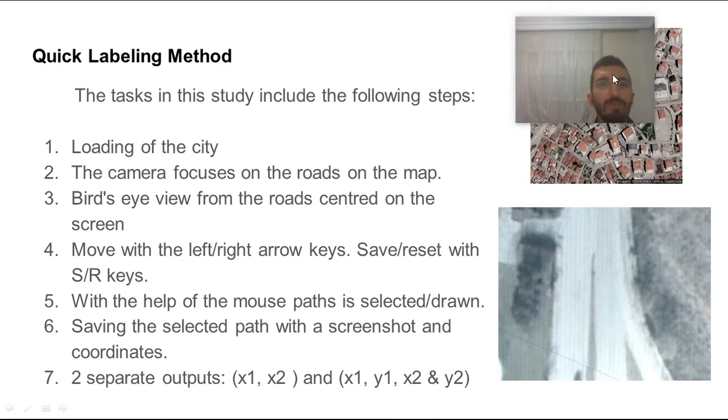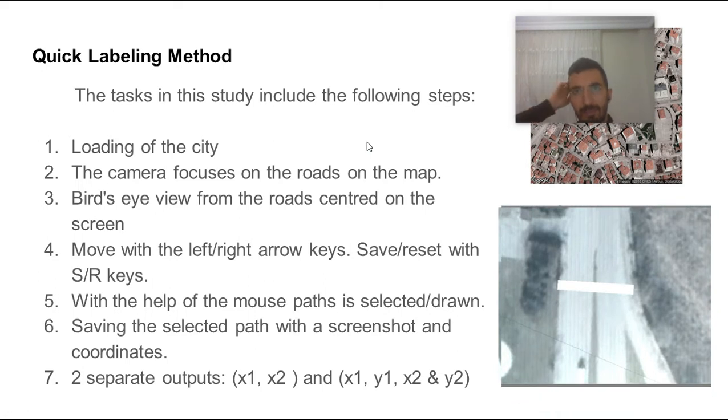Bird's eye view from the road centered on the screen. Move with the left-right arrow keys on the computer keyboard. S key is used for saving and R key is used for reset. With the help of the mouse, points are selected. A line is drawn between the two selected points. This result is an example.